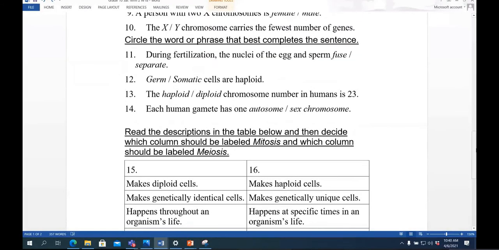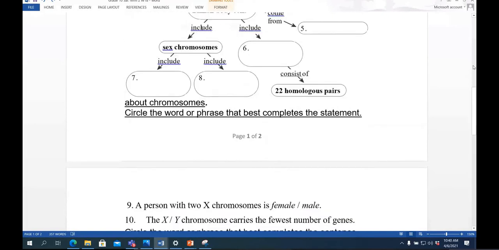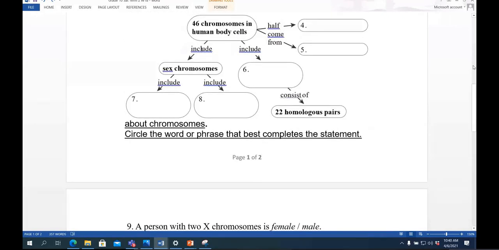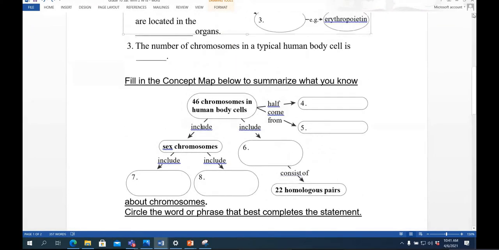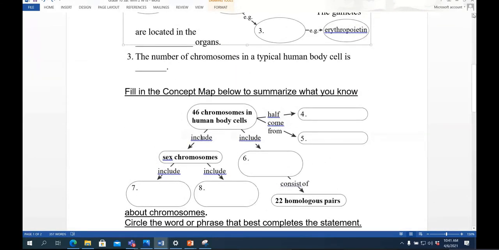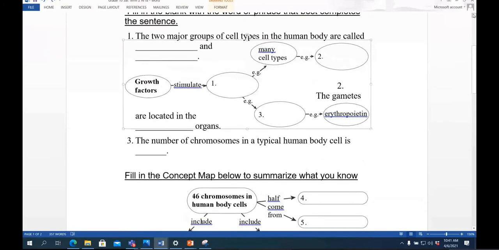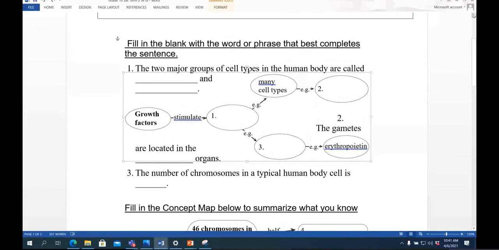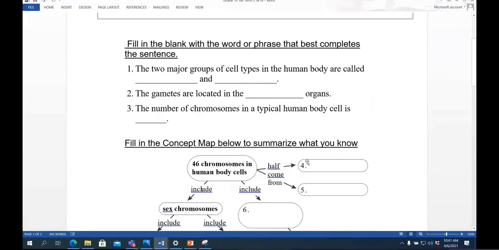Till question 17. From where did this come from then? We have a concept map over here, right? This is from question 4, 5, 6, 7, 8. Then what is this? I believe this is something else. We'll delete it.